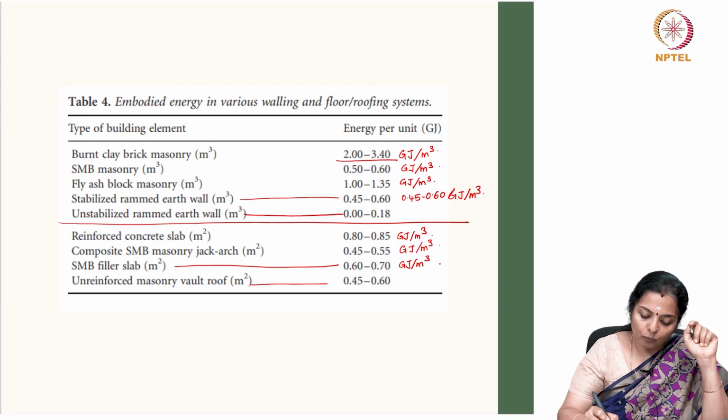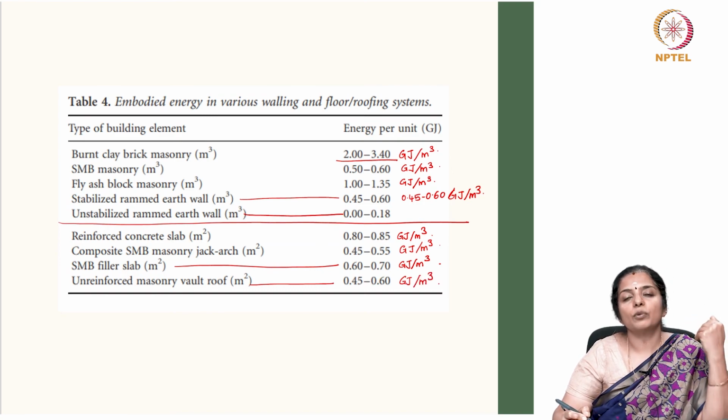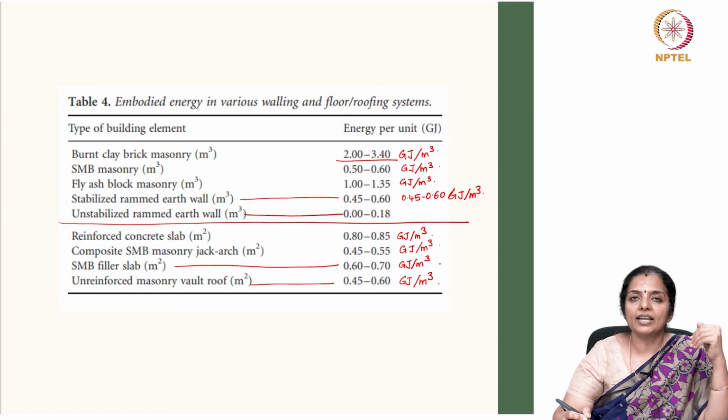Unreinforced masonry vault roof has 0.45 to 0.6 gigajoules per meter cube and could get lesser because there is no reinforcement involved here.